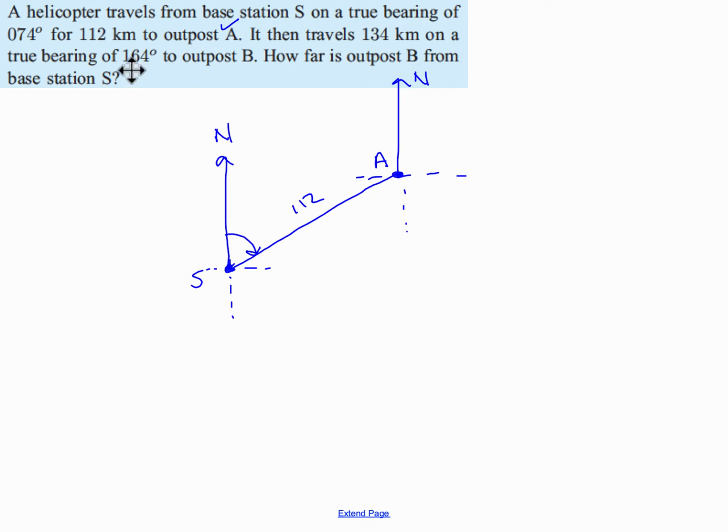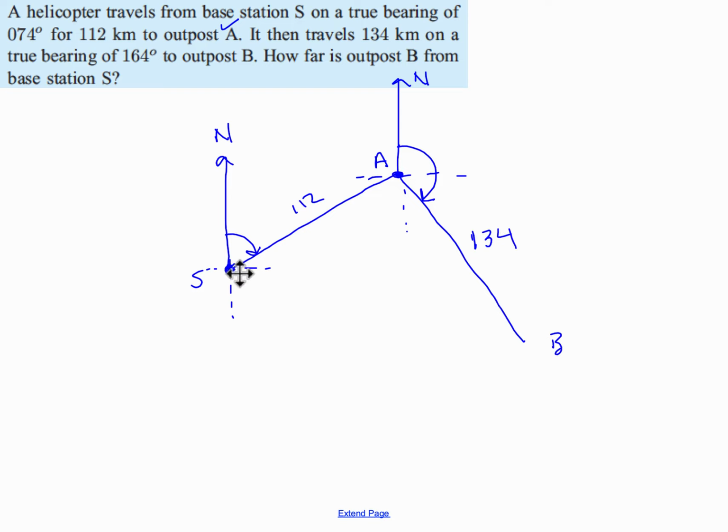Let's see, for 164 degrees, well, again, bearing is clockwise starting at north. So here's 90, all the way is 180. So maybe that's 164 degrees. Okay, so I'll draw that. Oops, a little bit of a mess there. Okay, and that is to outpost B. And this is, what was it, 134? Very good.